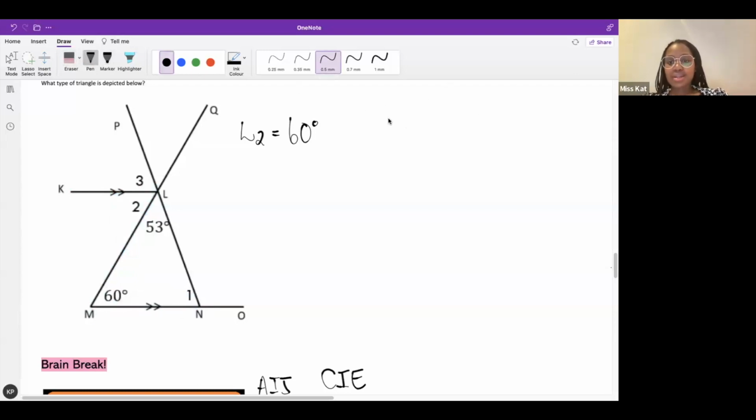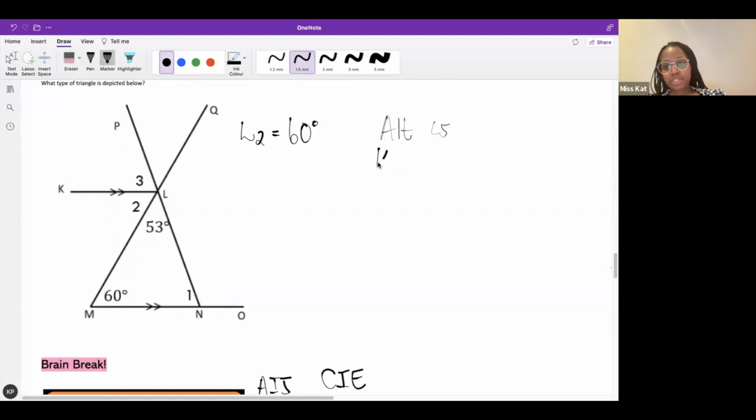Lucanio is dying to say the right thing, and I get what you're saying, Lucanio. It's alternate angles. And my parallel lines are KL is parallel to MN. Alternate, guys, not alternative. Alternate.